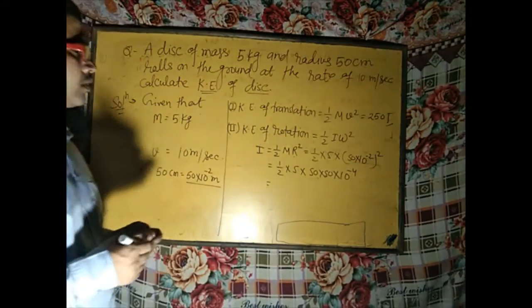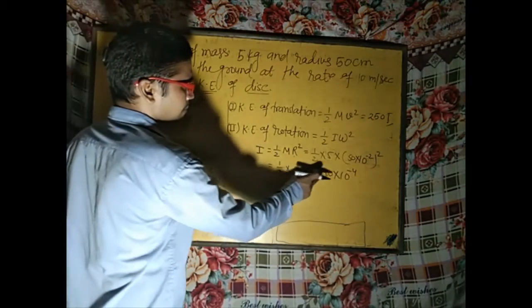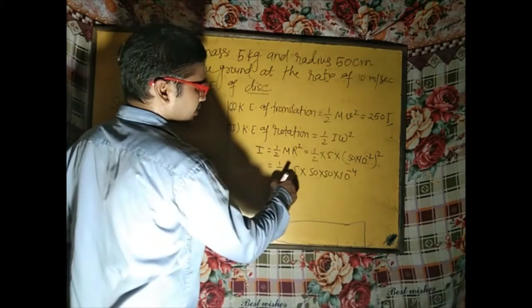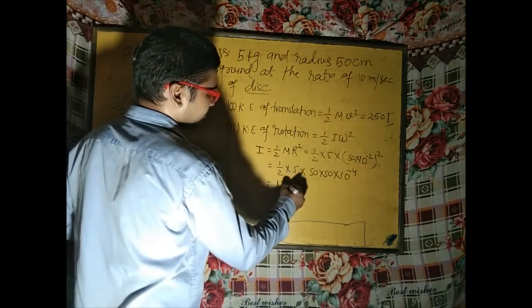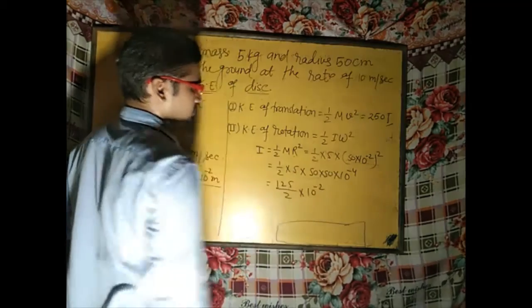So you can write this one, the 2 cancels the 2 power from here, and you can write this one is 125 by 2 into 10 to the power minus 2.